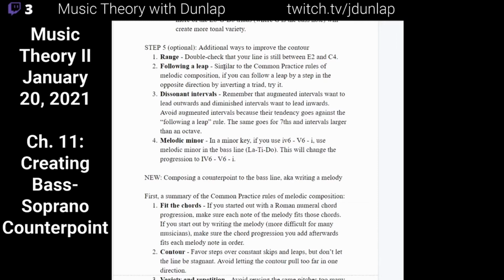Dissonant intervals. This is just sort of an overall, if you end up with dissonant intervals, melodies are going to try to avoid them entirely, but bass lines can actually use diminished intervals. And the reason we can use diminished intervals as opposed to augmented or anything else like that is that they resolve inward. The tendency is inward, be it a flat wants to go down or sharp wants to go up.